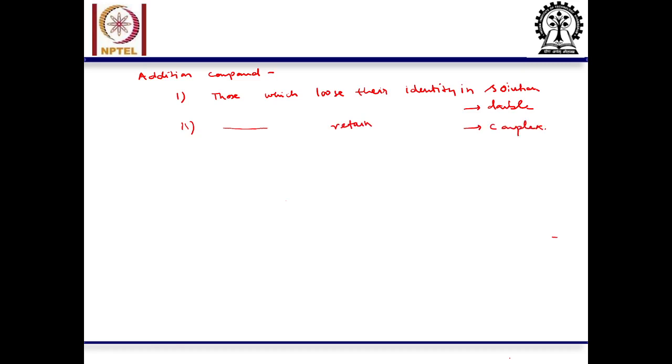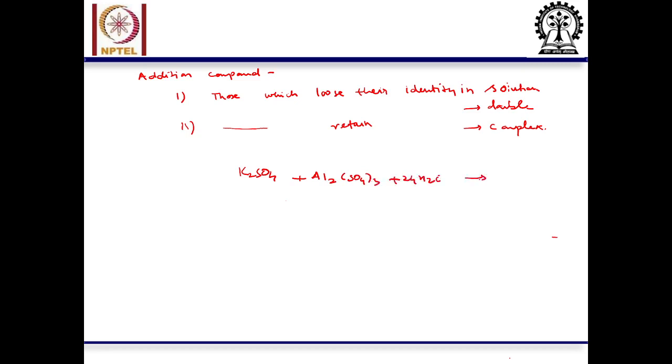In a double salt, we put two or more stable compounds together in stoichiometric amounts, evaporate, and finally we get a crystal. So these are double salts. Suppose we have K2SO4, potassium sulfate, plus aluminum sulfate plus 24 water molecules.